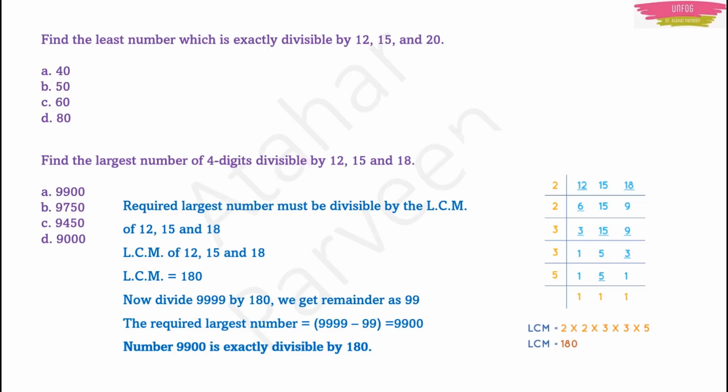Then you get a remainder, that will be 99. Now your required largest number will be 9,999 minus the remainder 99. So your right answer will be 9,900. Option A should be the right answer. So you can practice this type of sums. This time I am expecting this type of question only. So this time they may ask this type of question.